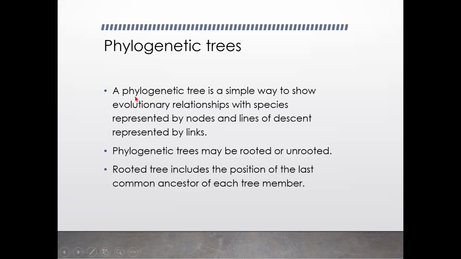In this tree, the species are represented by nodes and the lines of descent by links. These phylogenetic trees could be rooted or unrooted. In the next slide, I'll show you what a rooted tree and an unrooted tree mean. As I mentioned, a rooted tree includes the position of the most recent common ancestor of each member of the tree.